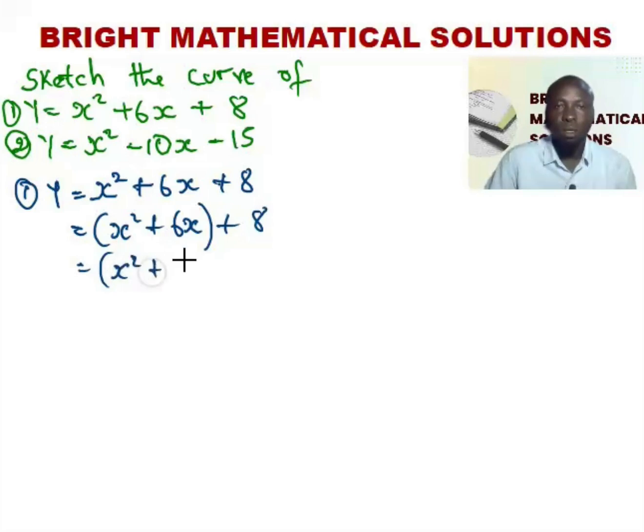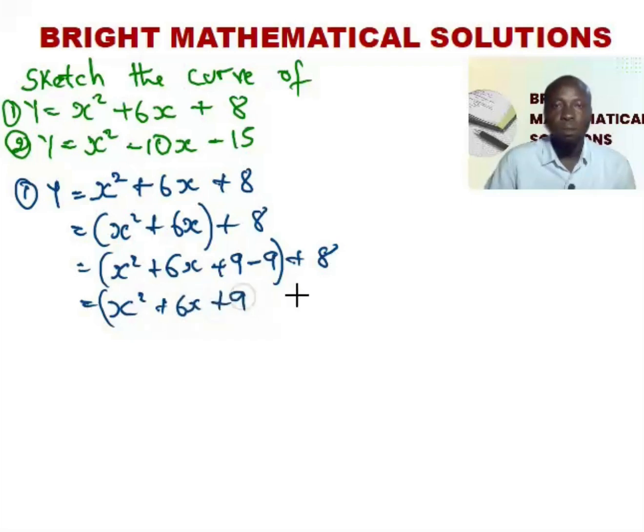So this becomes x squared plus 6x. Remember, from our knowledge of the completing the square method, we look for half of the coefficient of x, and that is 3. We square it, that is plus 9 minus 9 plus 8. So our expression becomes x squared plus 6x plus 9 minus 9 plus 8.